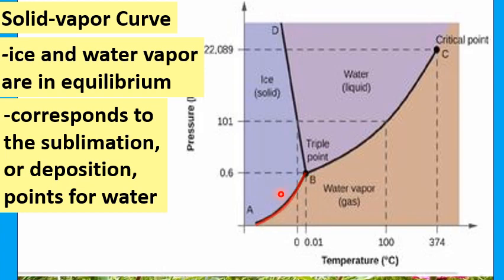Sublimation, as you may all know, is the phase change from solid to gas without passing the liquid phase, while deposition is exactly just the opposite, all right, from gas or gaseous state to the solid state without passing the liquid state.